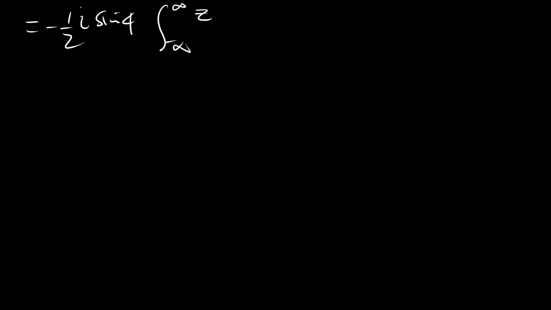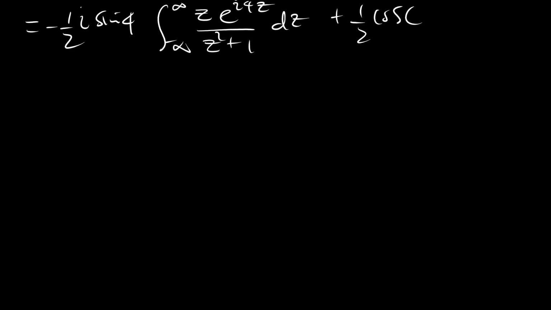Let's express everything in a complex format. So e to the i4z over z squared plus 1 dz plus a half cosine of 4 e to the iz over z squared plus 1 dz.